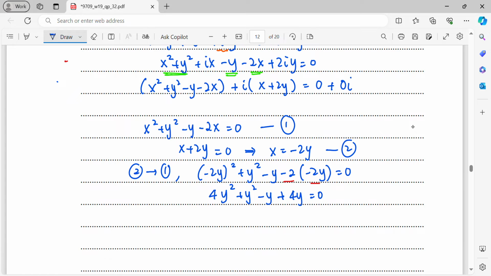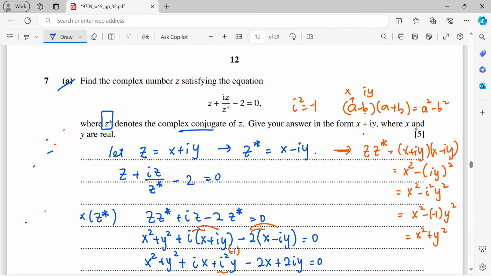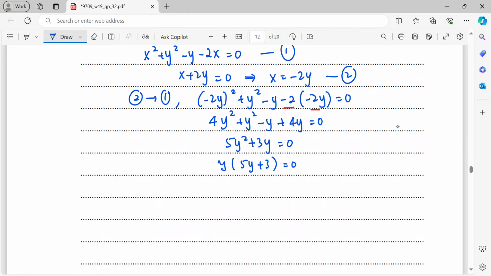Now simplify it. It will be 5y squared plus 3y equals to 0. And the y is in common, so we can just factorize the y from both terms. You will get y times 5y plus 3 equals to 0. Now, look at the question over here. Your x and y are real. So when the multiplication of two terms equals to 0, it means either the first term equals to 0 or the second term equals to 0. So from the second term, I will be getting minus 3 over 5.